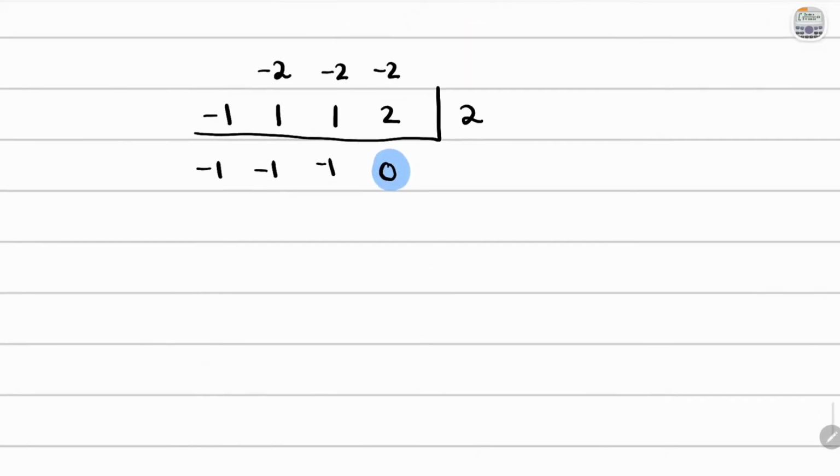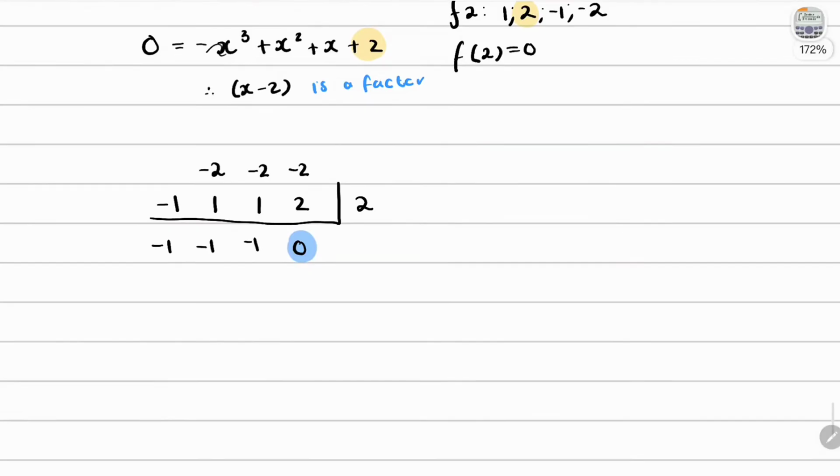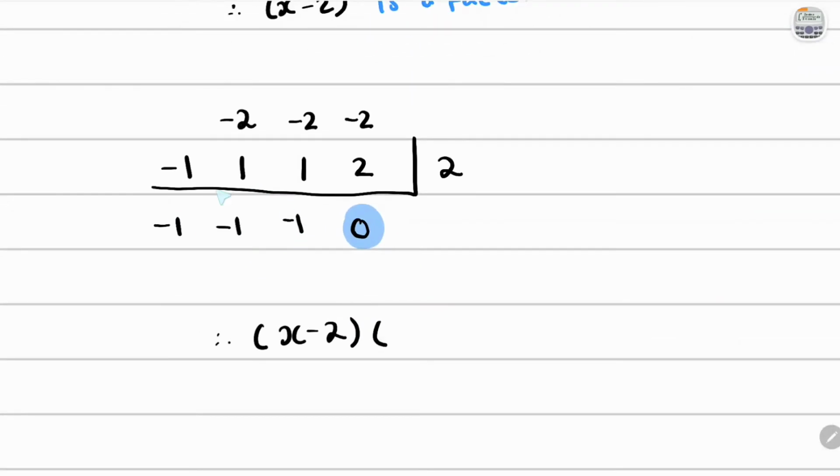So what this means is our factors, when we factorize that, is this. We first have the factor x minus 2, and then we have these as factors, which are the coefficients of our quadratic expression. So they're in the form of x squared plus x plus c.